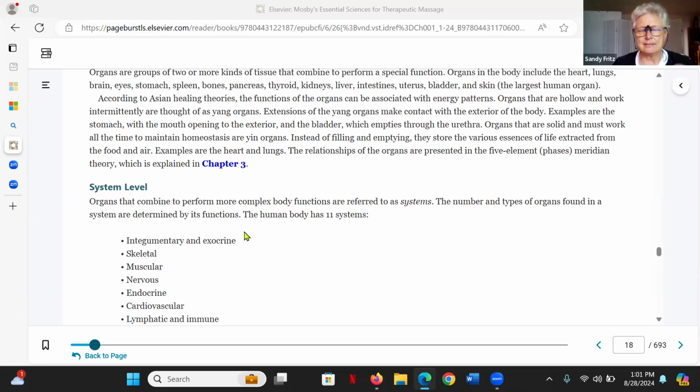And so it's these systems that really start to coalesce and are part of what we consider our characteristics of life and how they function. But they're all interconnected. You can't deal with the endocrine system without dealing with the nervous system, without dealing with the integumentary system. That everything is so interconnected.